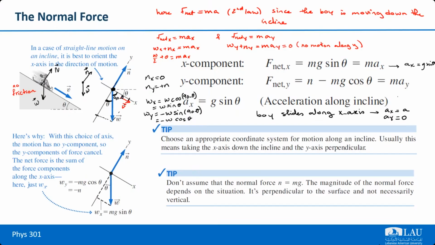The y-axis is this direction, and the boy only slides in this direction along the incline. So ay is 0. I'm going to set this equal to 0. Then what can we deduce? I can deduce n to be equal to mg cosine theta. I was able to find the normal force from studying the y direction. And notice how the normal force does not equal the weight only.